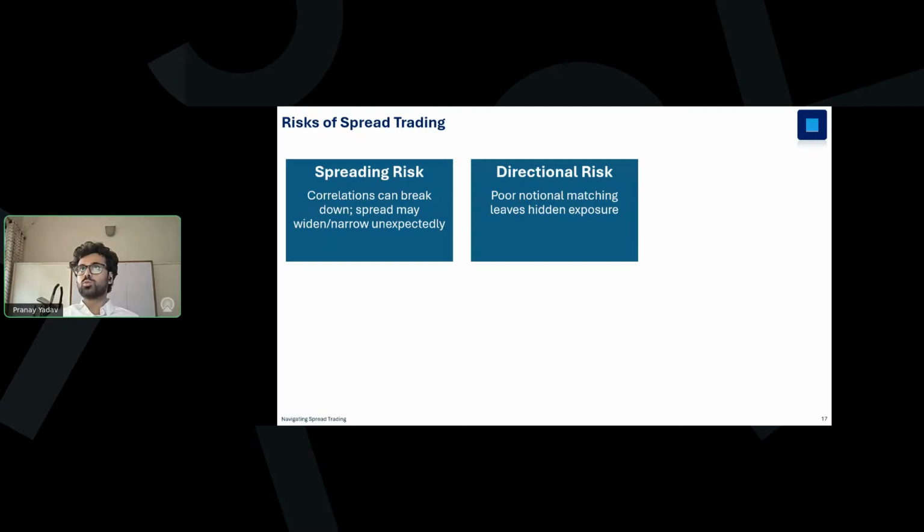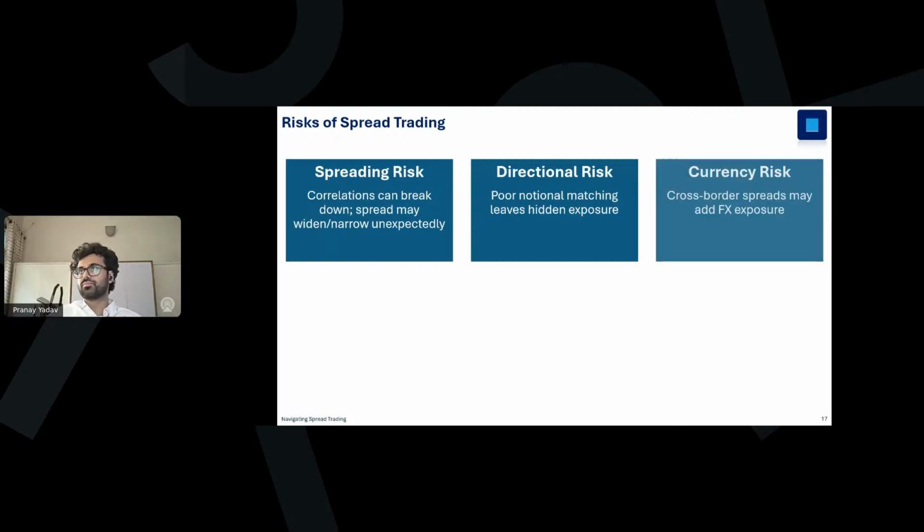In that case, if you just went for one contract of gold versus one contract of silver, you unintentionally assumed a short silver position. You may not have been going for a short silver position because you were always trying to express a view on long gold, short silver. As a result of that, you got your overall exposure diluted because of the hidden exposure that consisted from the fact that your notionals did not match across both legs.